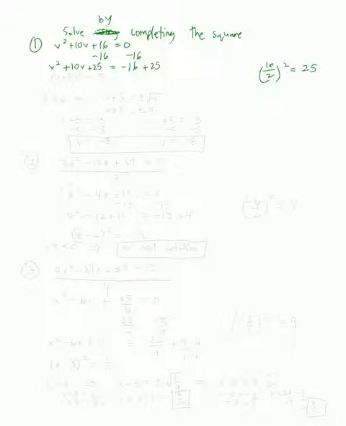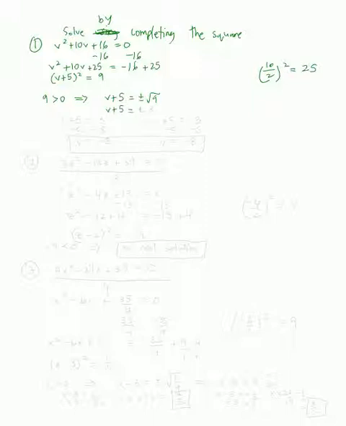Now it says factor the left-hand side and simplify the right-hand side. Notice that this is v plus 5 squared. And on the right I have negative 16 plus 25, which is 9. Now 9 is positive, so that means that we can use the square root property to solve. We get v plus 5 equals plus or minus root 9. You're essentially taking the square root of both sides, but you can't forget the plus or minus.